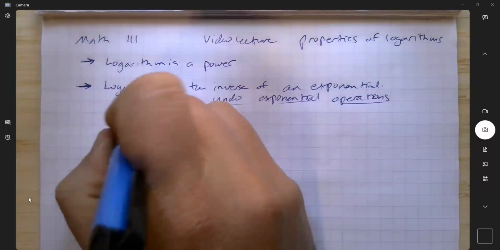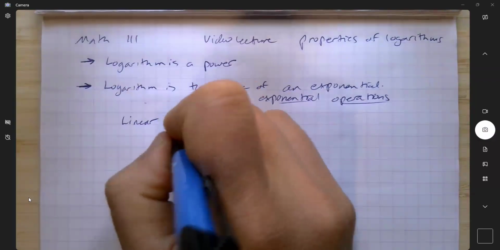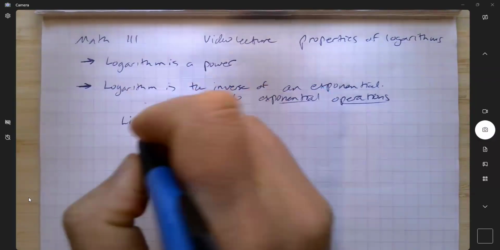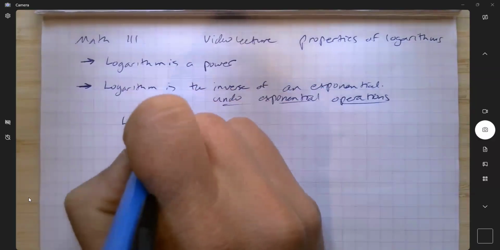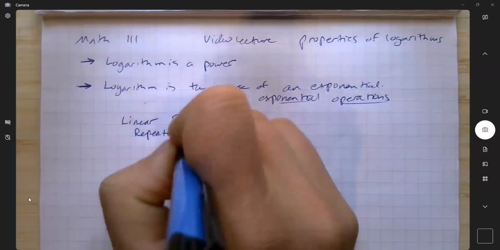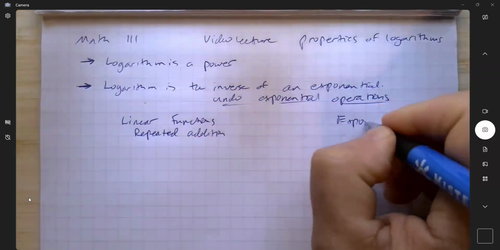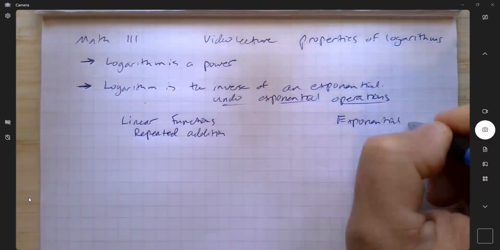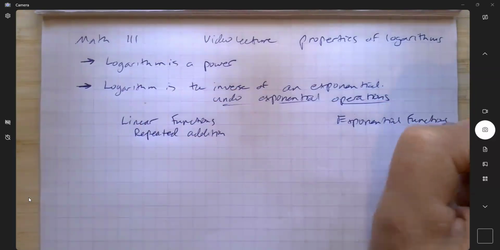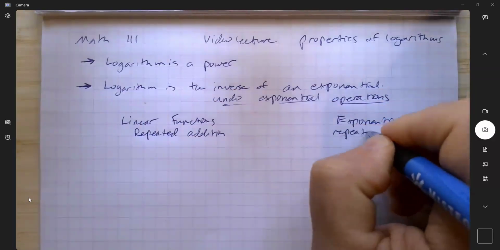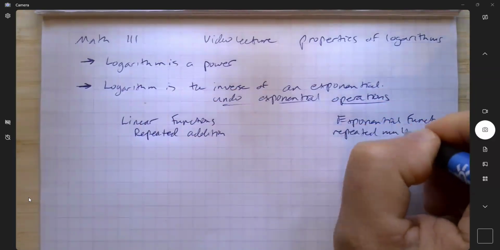So let's think about how linear functions work. Well, they work by repeated addition. And exponential functions work by repeated multiplication.